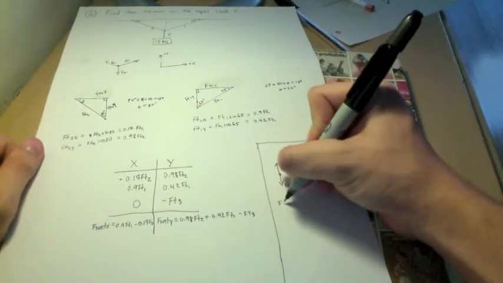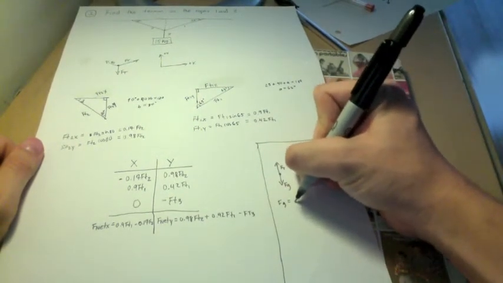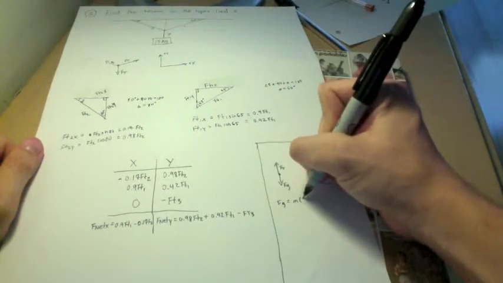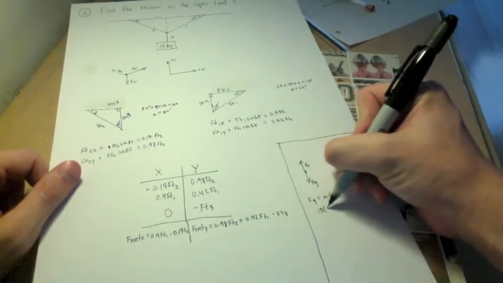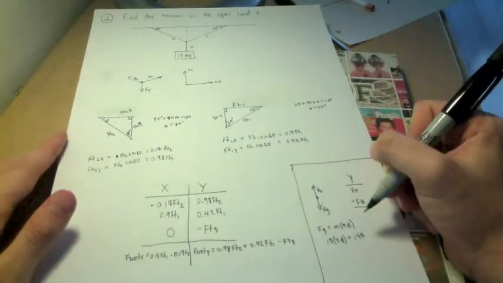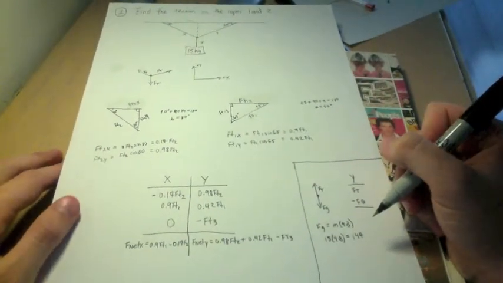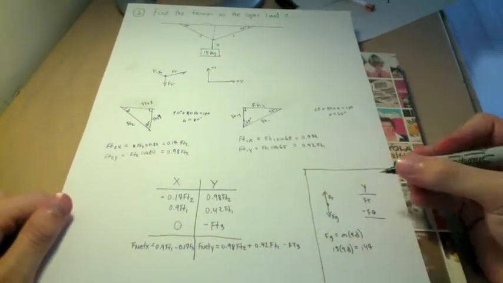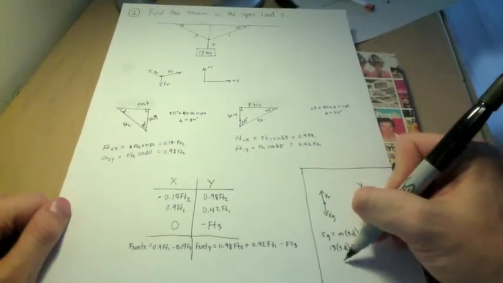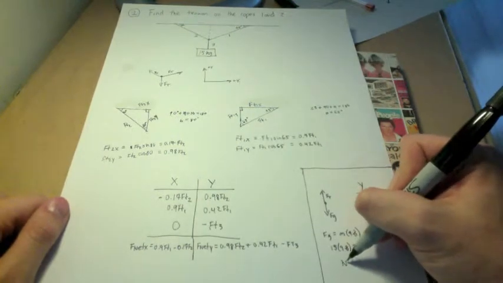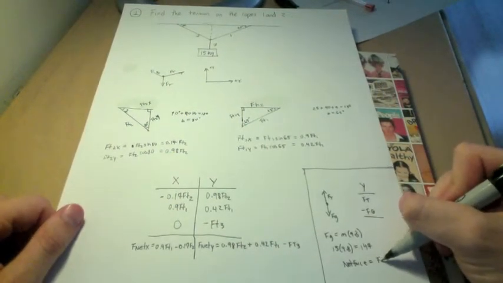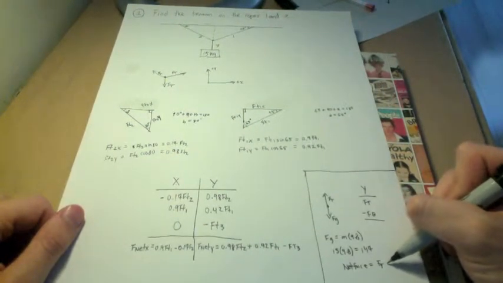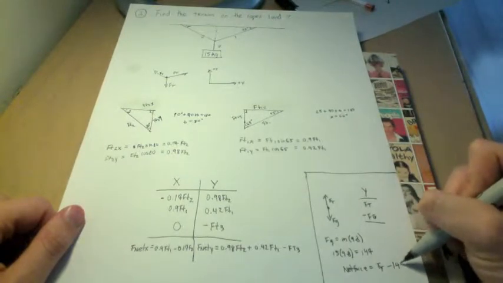Force of gravity is equal to mass times 9.8. Since the mass is 15 kilograms, we can find out that the force of gravity is equal to 147. So we can do the net force of this, which is equal to force of tension minus 147.